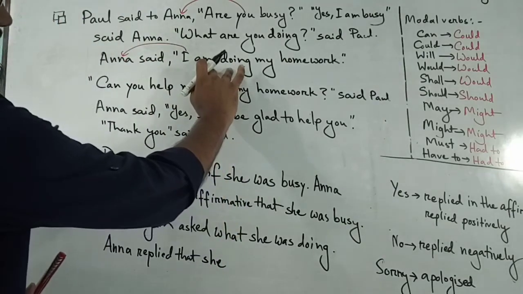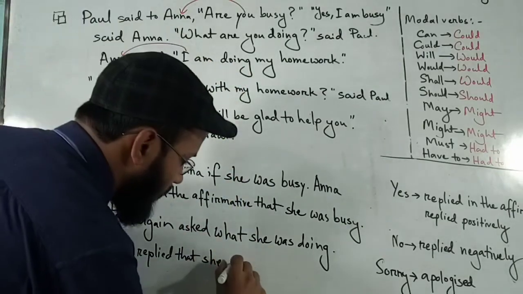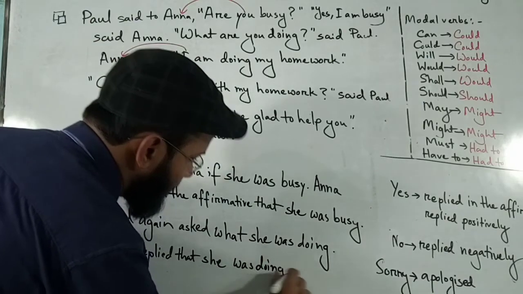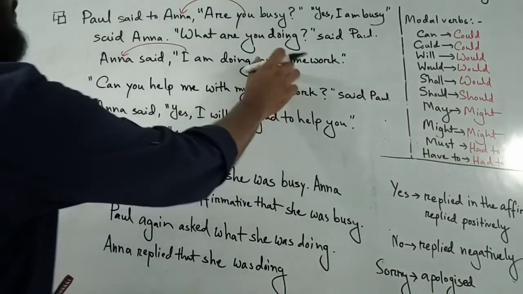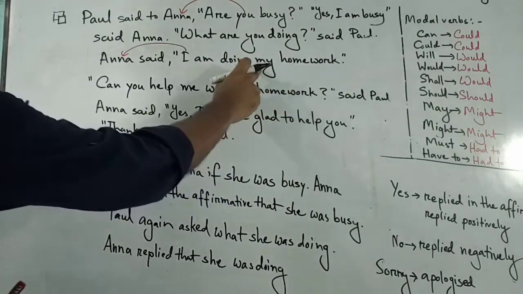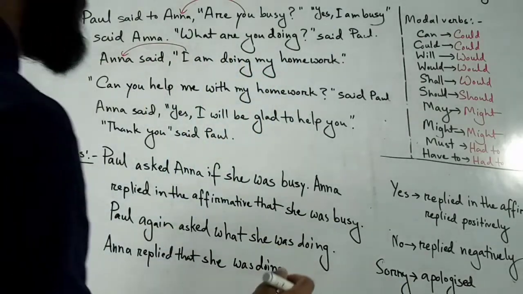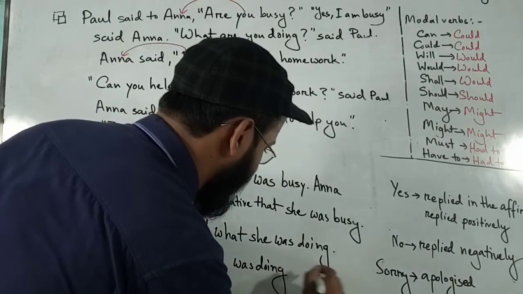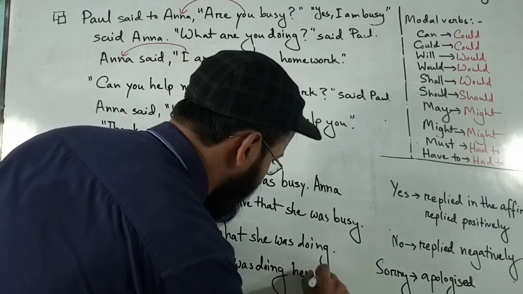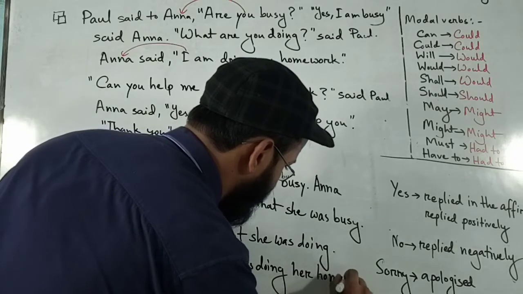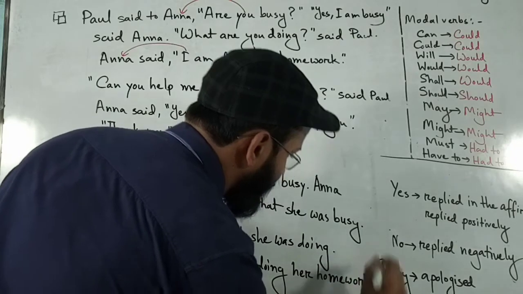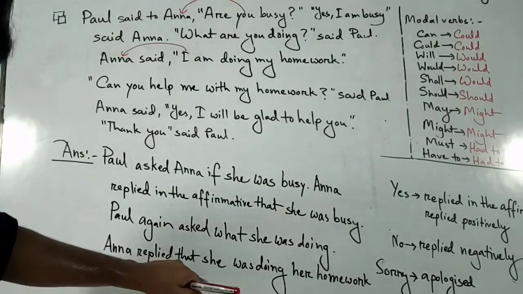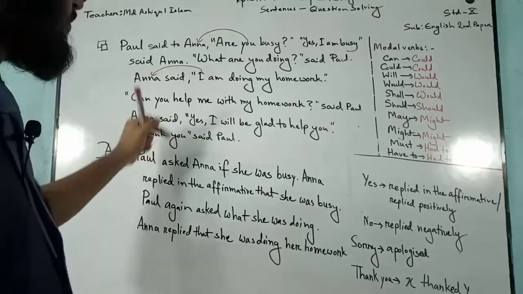Am doing is a present continuous tense, we're going to turn it into was doing. My homework. By the word my, we understand it's Anna, and it's the possessive form of the pronoun. So we're going to write the possessive form of she, that is her homework. Okay, so we have it. Anna replied that she was doing her homework.